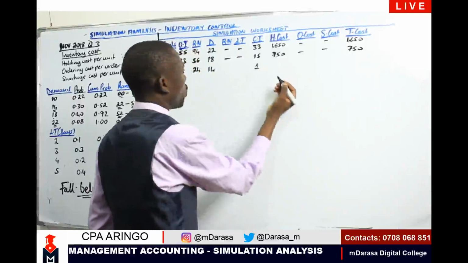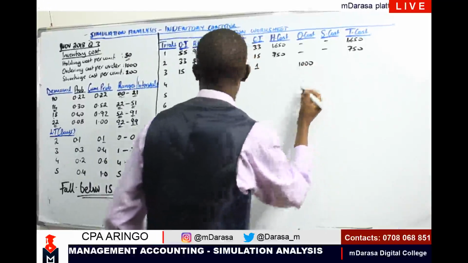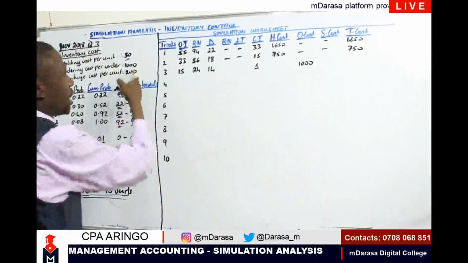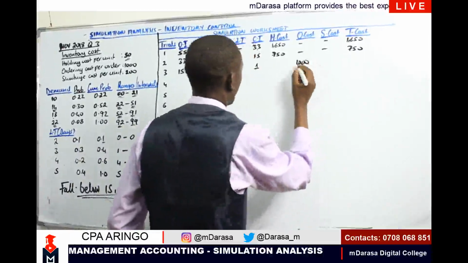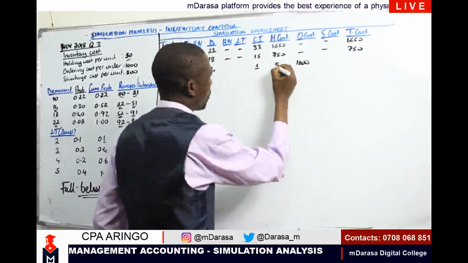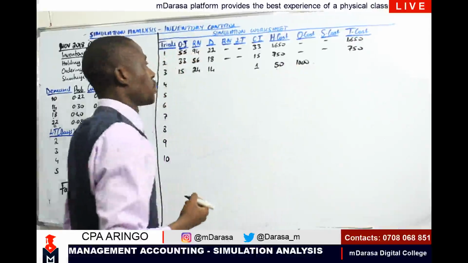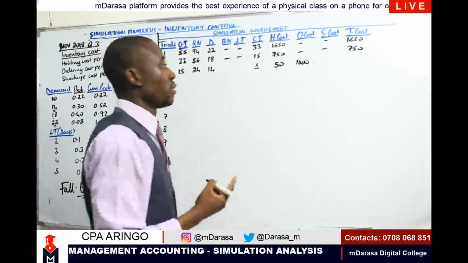I'm having 1. So therefore, I need to make an order. And ordering cost, we had 1,000 per order. And holding cost, I'm having 1 unit, and holding cost per unit was 50 shillings per unit.